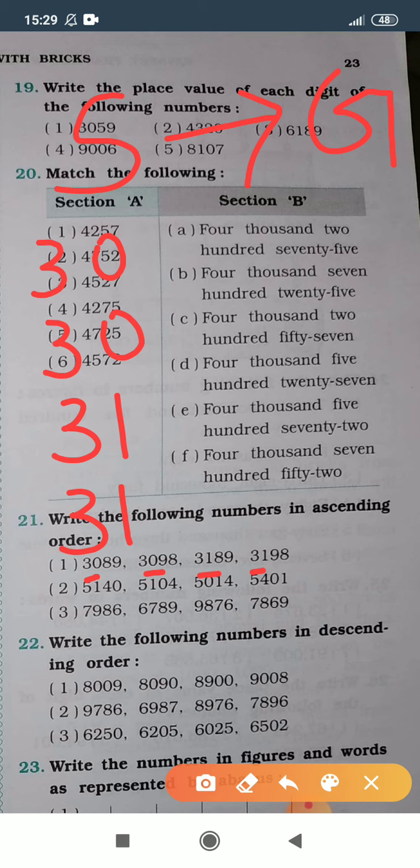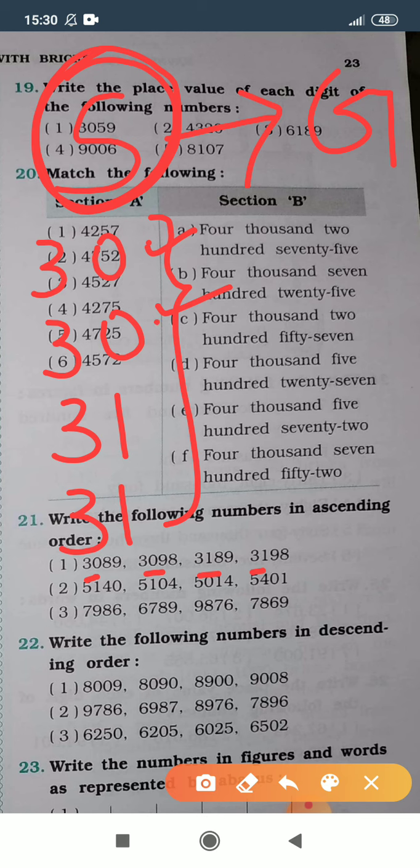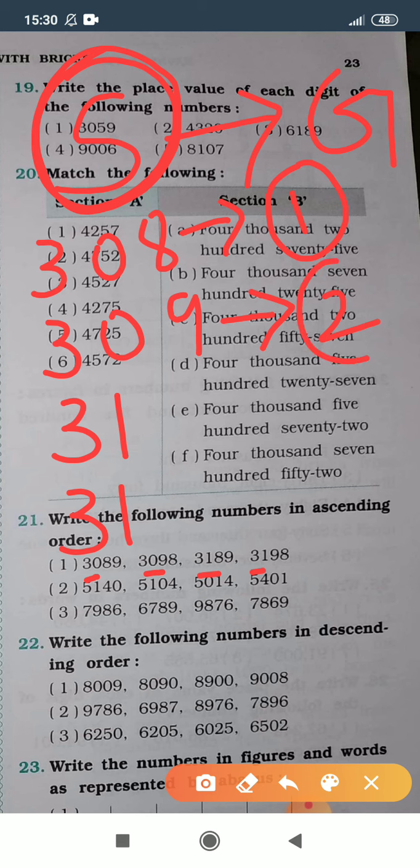So we'll first see the smaller number because in ascending order we need to write the smaller number first. So in these four numbers, these two were the smaller, that is why we see the third digit of these two numbers. So let's see 8 and 9. Which one is the smaller, 8 or 9? 8. So this comes in first position, this is in second position.